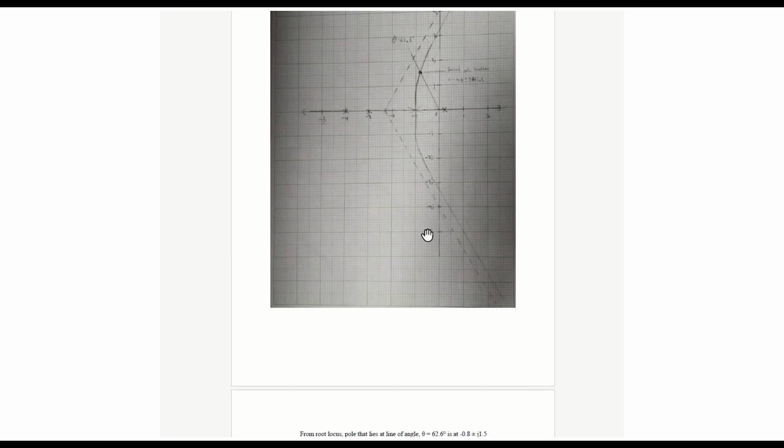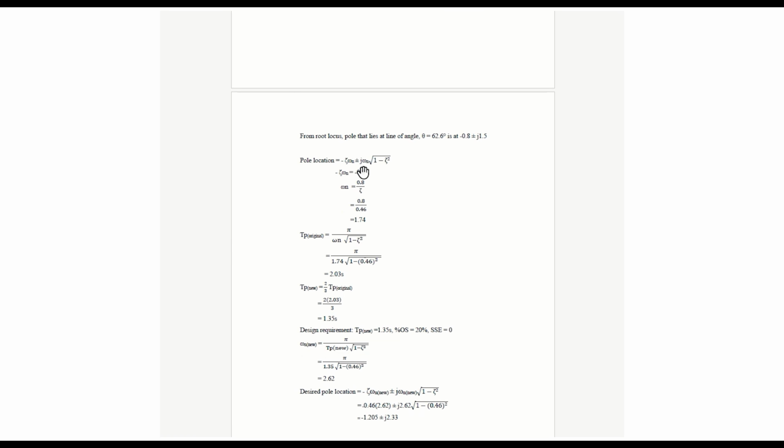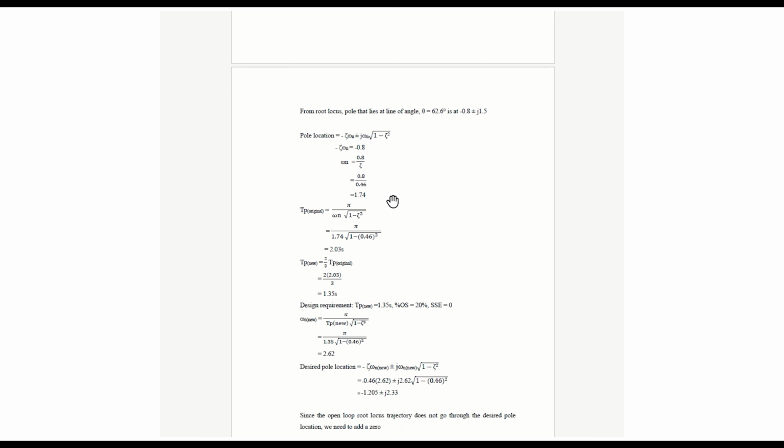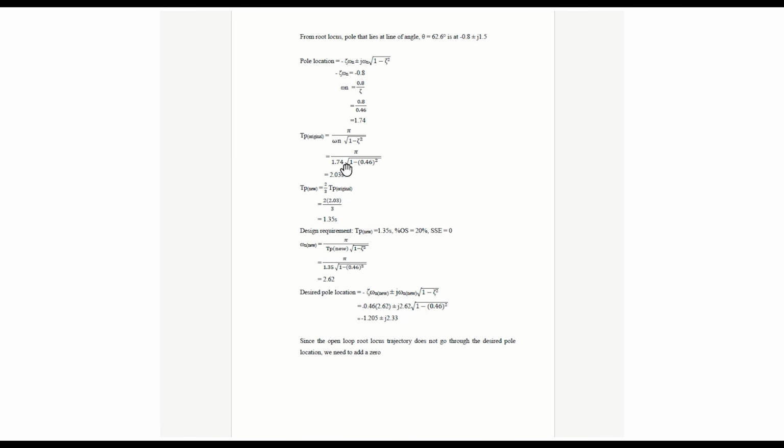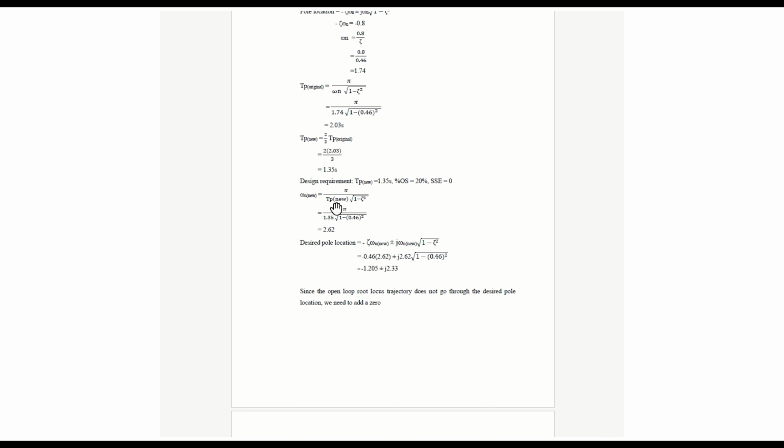So we get this value, and from that we use this pole location formula to calculate the value of omega n, and then we can calculate the peak time at that pole location. After we obtain the original peak time, we can compare it with the new peak time, and from there we just reverse the order to calculate the new omega n.